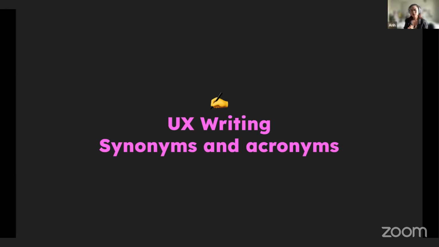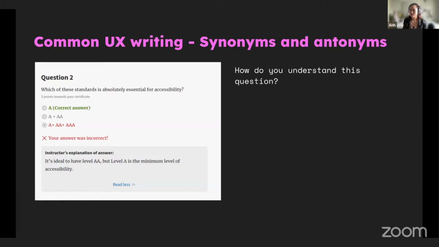Now, let's move on to something that's also very important in UX, which is UX writing: synonyms and acronyms. Okay, so this is an example from a test that I've done before in an accessibility course.